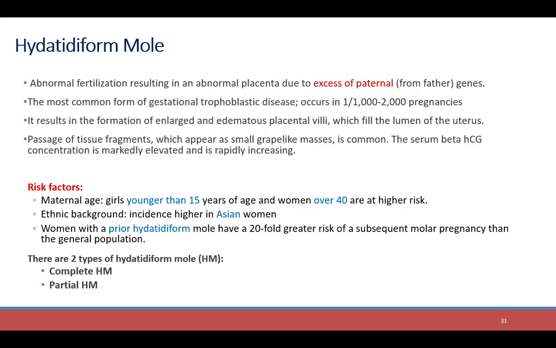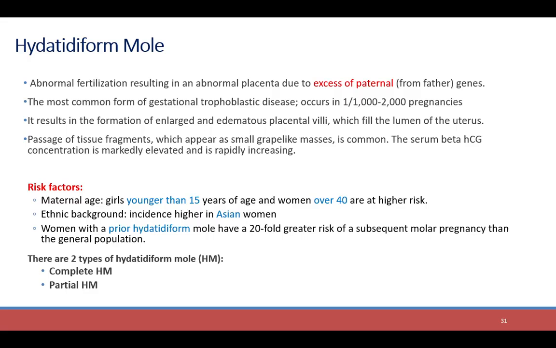clearly increased. Risk factors, which are important in all gestational trophoblastic disease: maternal age above 35, above 40 is really an important risk factor. The older age above 40 and the younger age less than 15 are risk factors for the molar pregnancy. So the age is important. If it's less than 15, it's a risk.